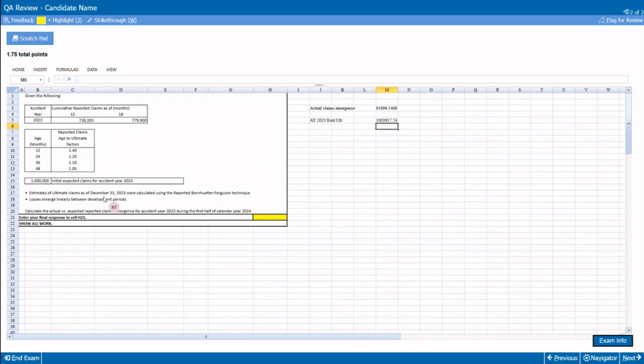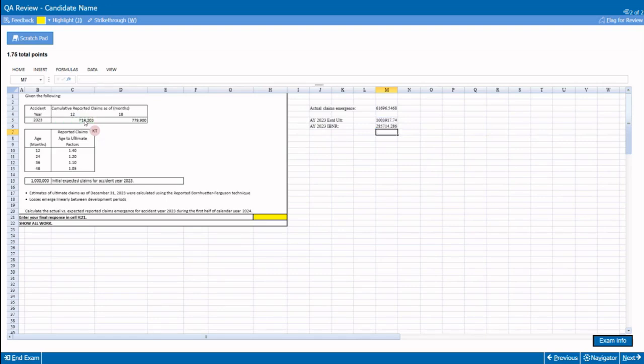So we know that at December 31st, 2023, they estimated an ultimate of close to 1 million. But now I want to take this amount and look specifically at the emergence between 12 and 18 months. So first, I'm going to calculate what the IBNR is for accident year 2023, which is the ultimate minus the reported claims as of 12 months.